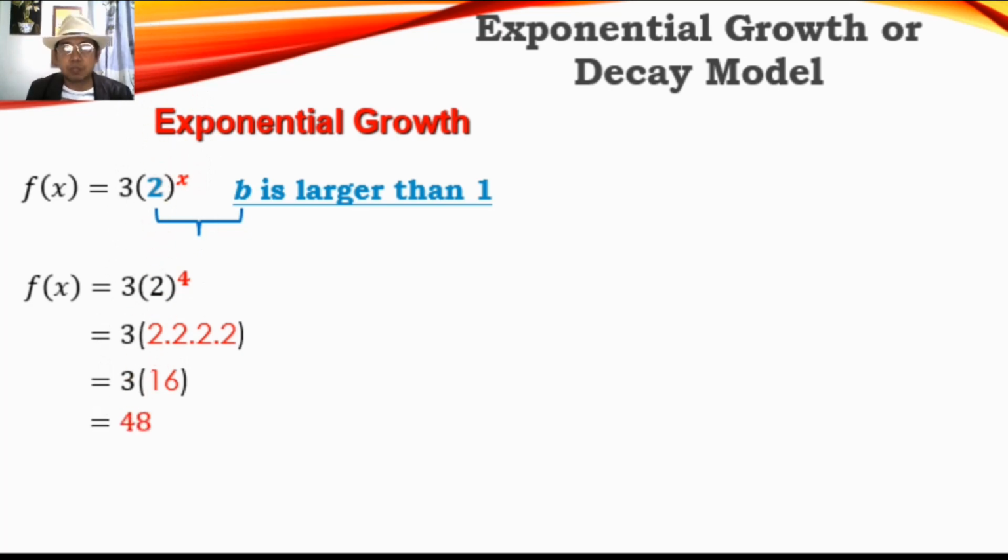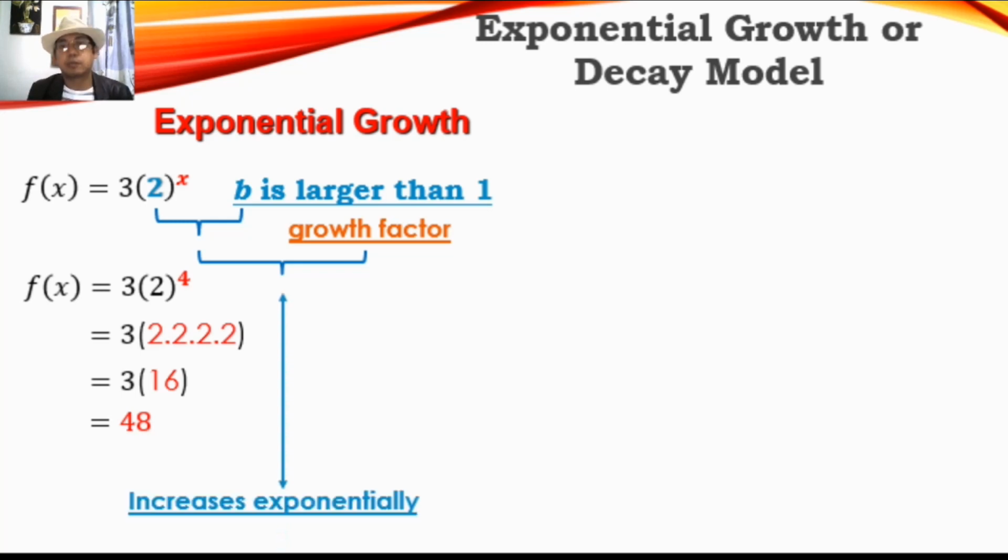This 48 in here is a very big number for this kind of function. That is created by 2, which, as we have said, is considered to be a growth factor. So the result increases exponentially.